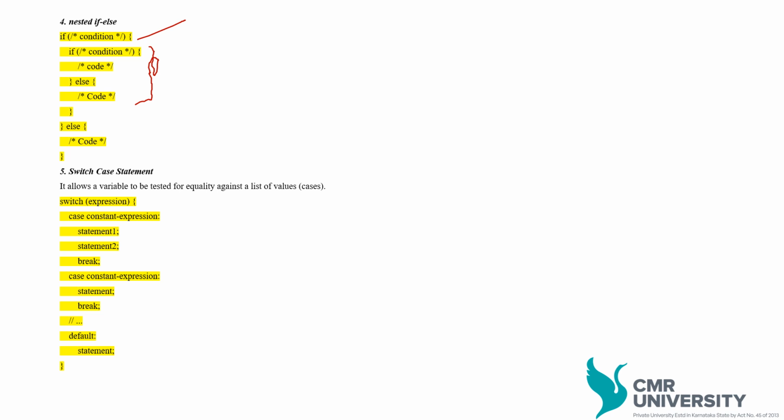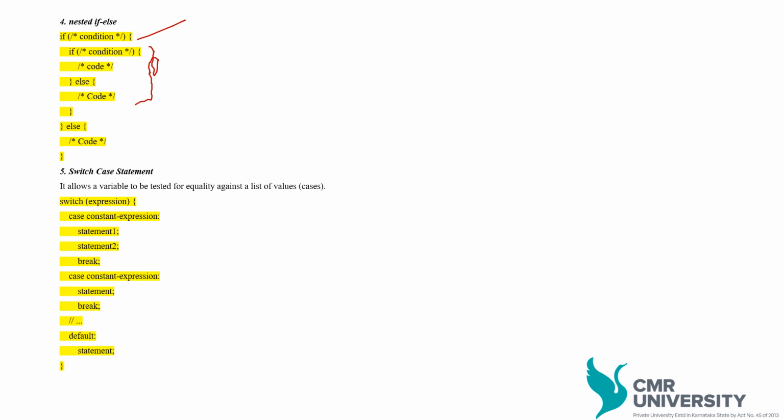And next is switch case statements. It allows a variable to be tested for equality against a list of values, as switch expressions. If we want to switch to a particular line of code, we will be using switch case.